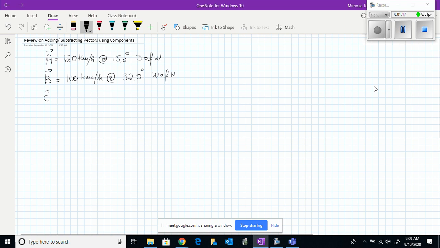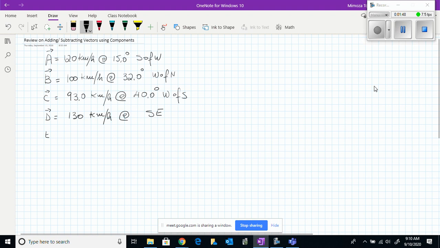Vector C that is 93.0 kilometers per hour at 40 degrees west of south.